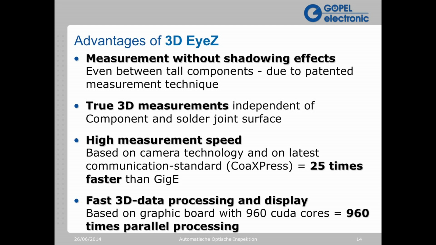In addition, we have very fast 3D data processing and display. This is based on a graphic board with 960 CUDA cores. So these 960 cores operate in parallel, giving us very fast processing times and very quick display capabilities.